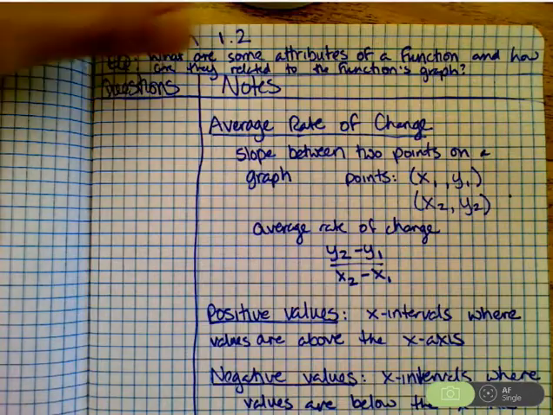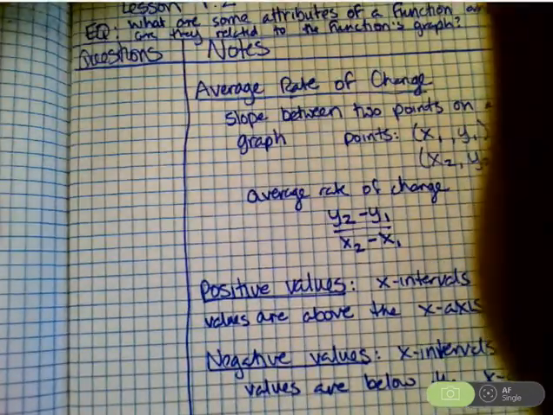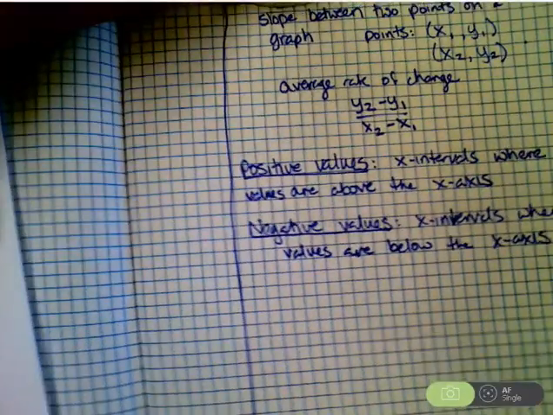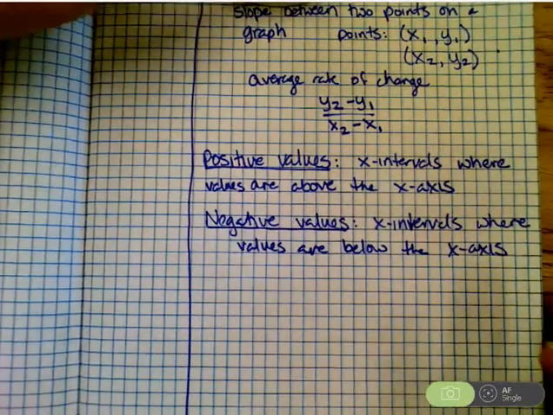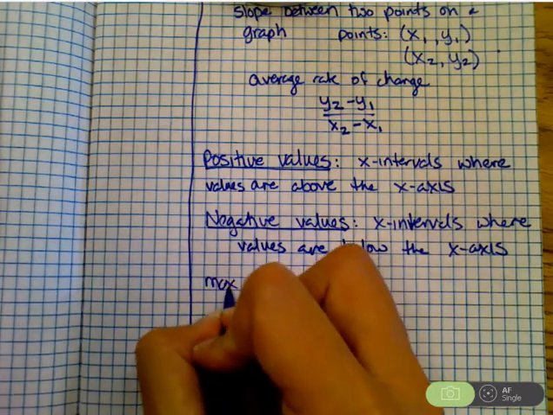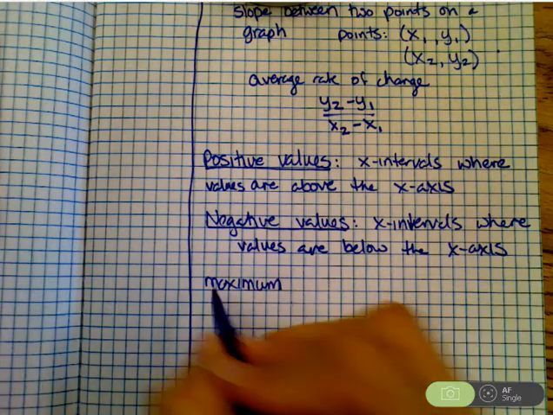And you can't see all that, so let me just adjust slightly here. There we go. 2 more vocabulary words for right now. Maximum.